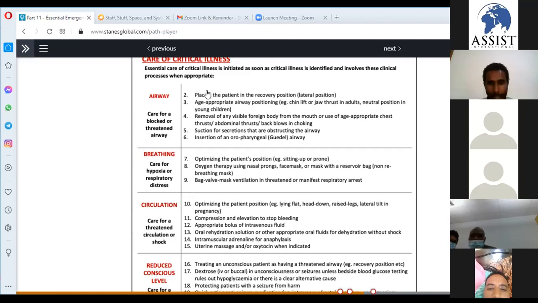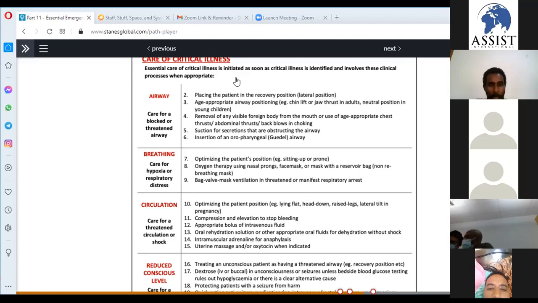We will not discuss each point here, but what's important to take here is that essential care of critical illness is initiated as soon as you identify the problem in each system, so that you will initiate appropriate treatment. For example, if the patient is not breathing properly, you need to open the airway with different airway instruments.